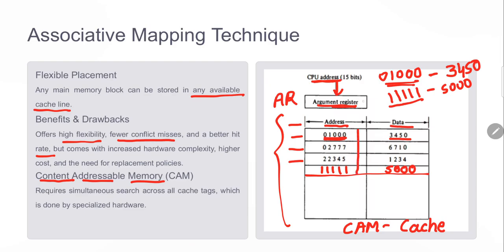Suppose I am asking for the data available at 11111. The argument register will hold 11111, and it will be matched against each line. Here it's not a match, not a match, not a match, and here it's a match. So it will give the data available here to the CPU. That is a very basic thing, and this is the most flexible cache organization, that is associative mapping.